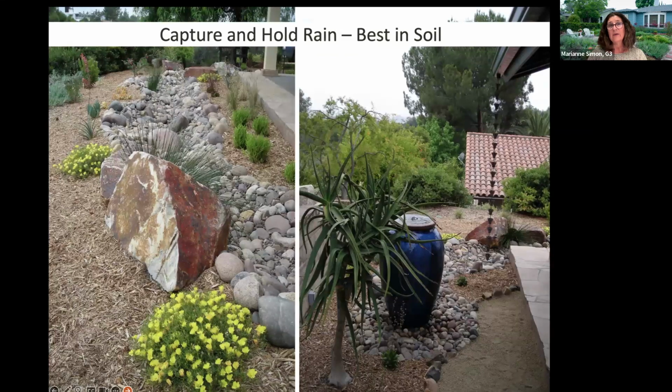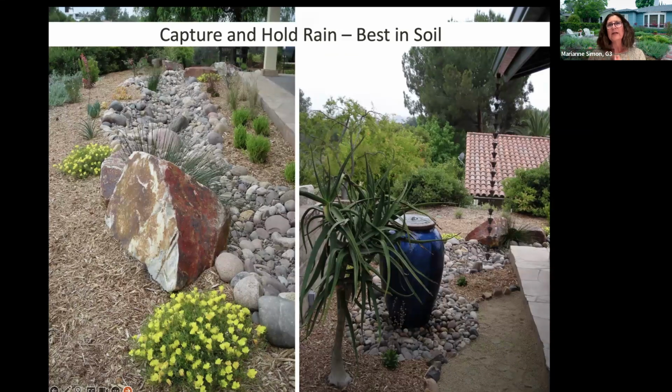And then we talk about how important it is that we are keeping our soils hydrated, that we are keeping our plants hydrated. So is there an opportunity to capture the rain, to keep it on the property? If you are on a hillside, this may require working with a landscape professional in order to be able to capture water on a steeper slope.